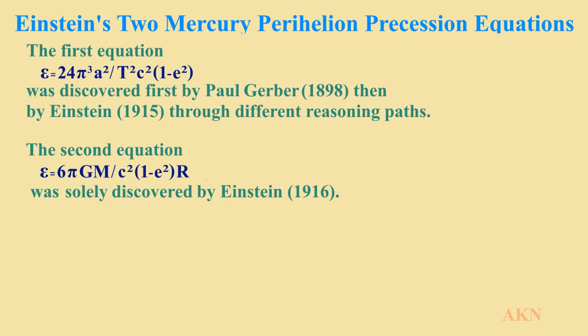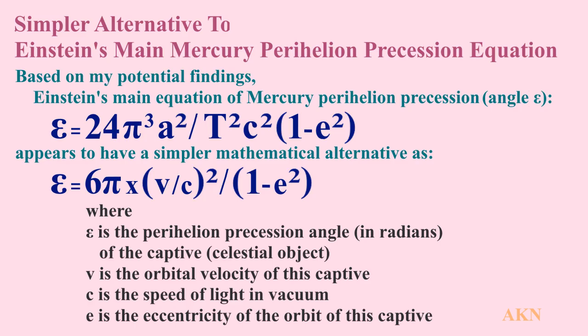As a matter of fact, the first equation was originally discovered by Paul Gerber in 1898, then by Einstein in 1915 through different reasoning paths. The second equation was solely discovered by Einstein in 1916.